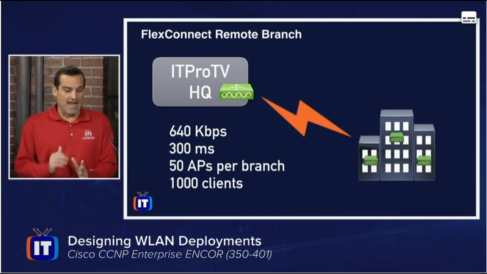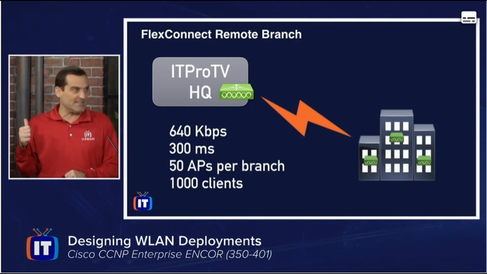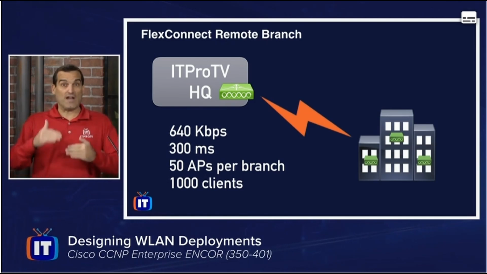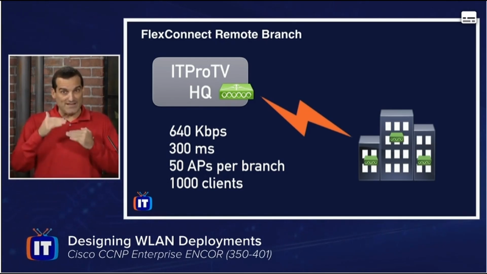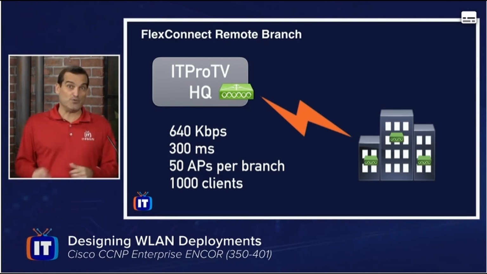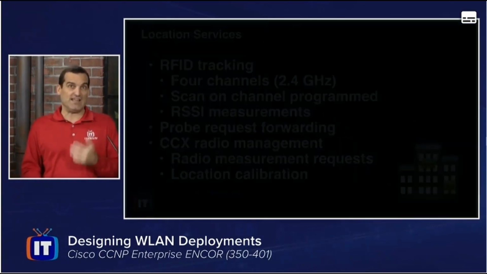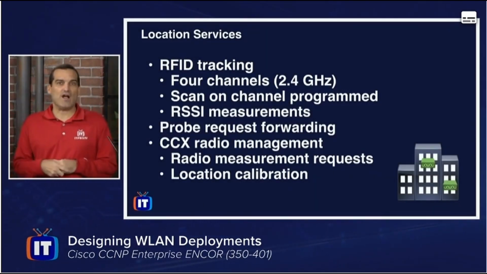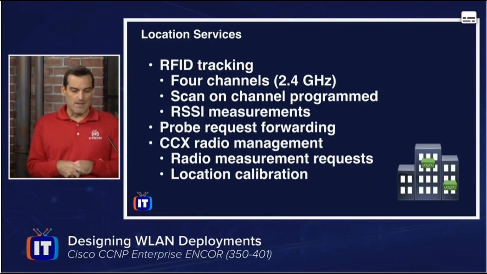Nice. That's pretty high. Yeah. And you could scale this to 50 APs out in the branch and 1,000 total clients. So for a very small WAN circuit, we end up with some pretty good scalability numbers thanks to that FlexConnect remote branch setup.